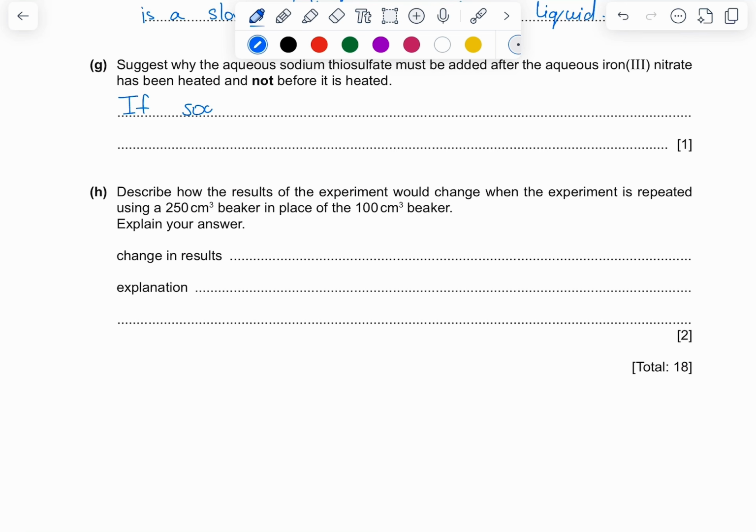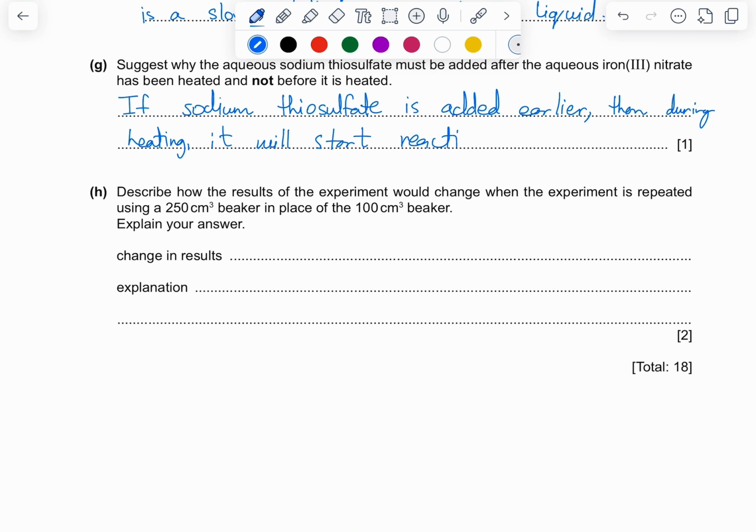All right, so we can say that if sodium thiosulfate is added earlier, then during heating, not even use the word might, we know it will start reacting.